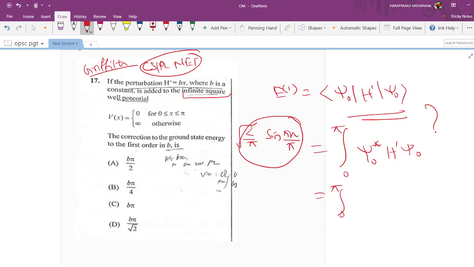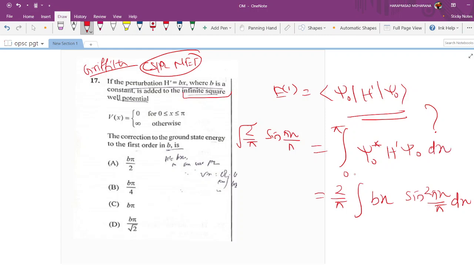Let me write it. 2 upon pi will get outside, and here we will get the perturbed Hamiltonian bx, and we have sine squared of pi x upon pi dx. This is the integration we need to do.